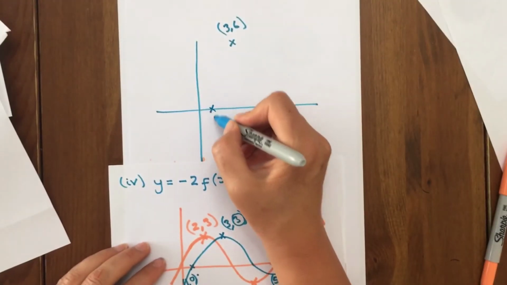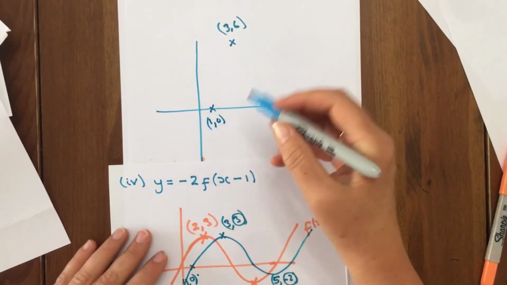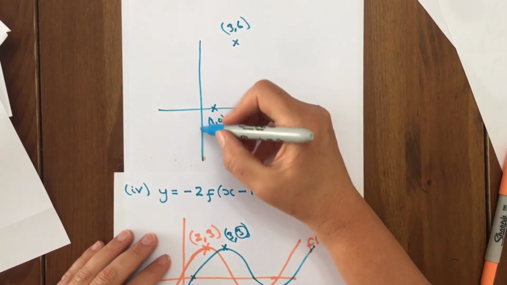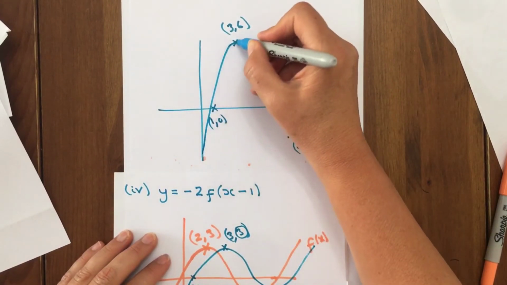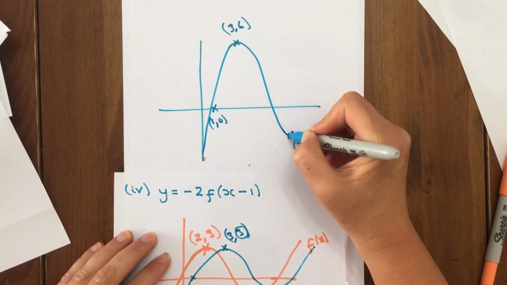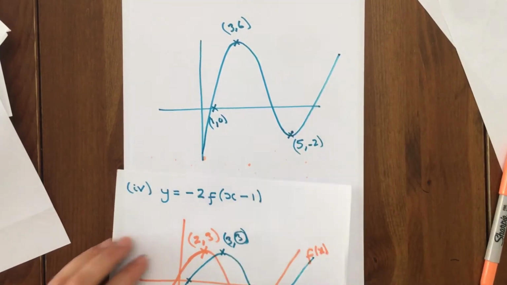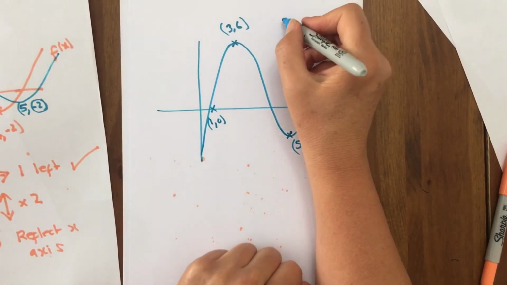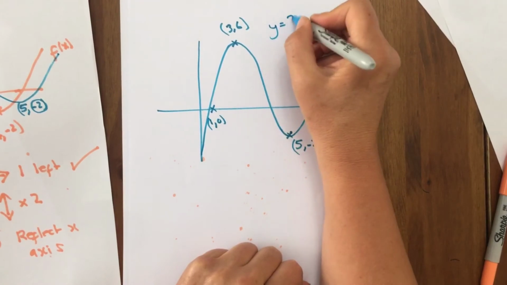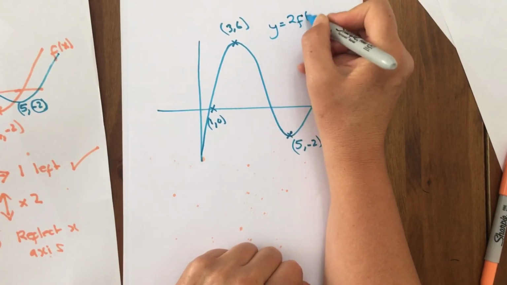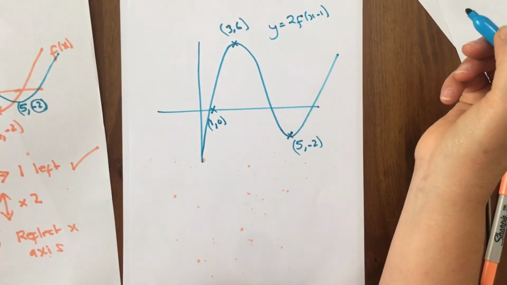So it will stay at 1, 0. Okay, so my graph is going to now be stretched vertically upwards. So now I have my graph of y equals 2 f of x minus 1.